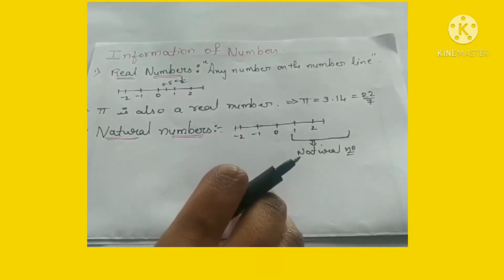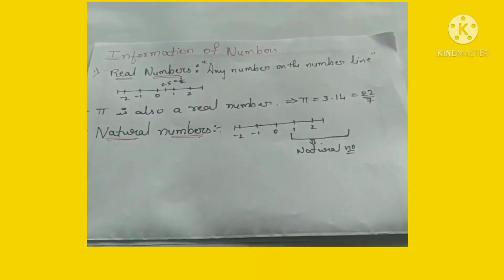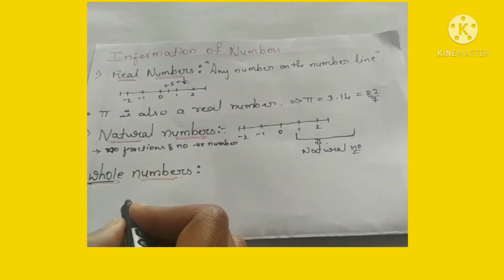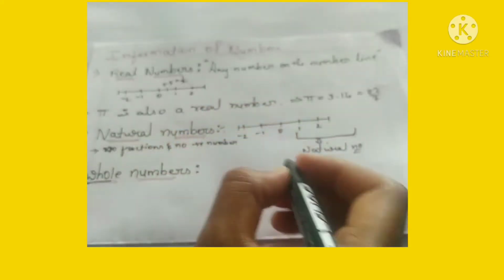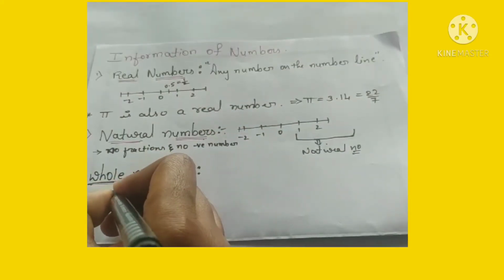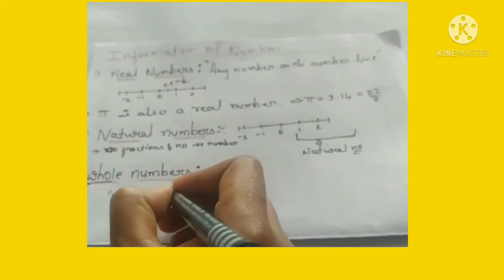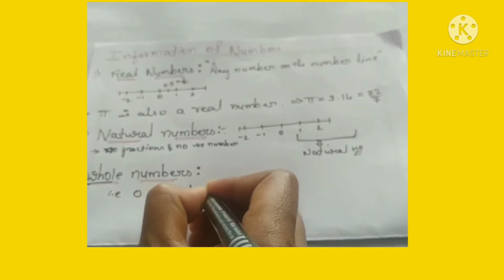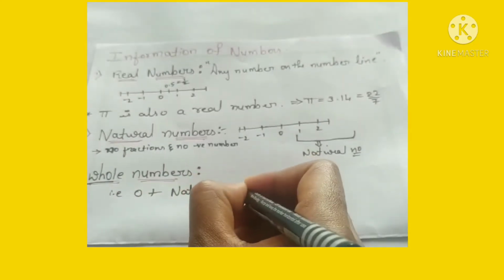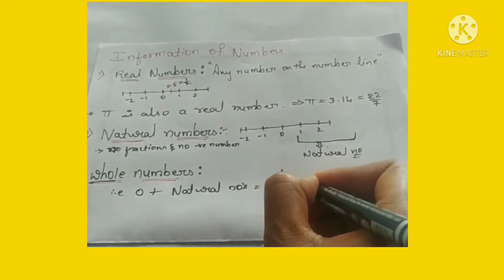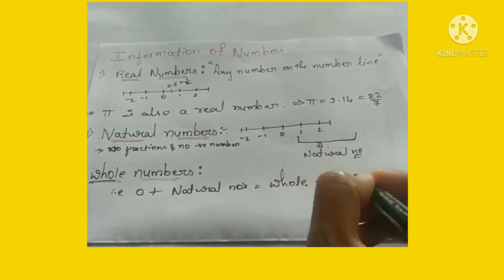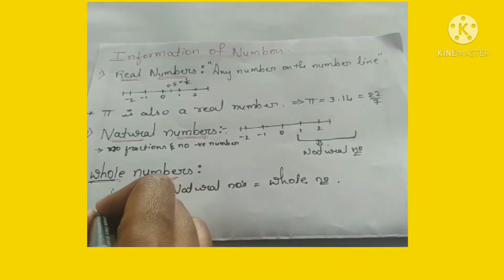Next we move on to the whole numbers. In simple words, we can say 0 plus natural numbers is equal to the whole numbers. This also I will show with the help of the number line.